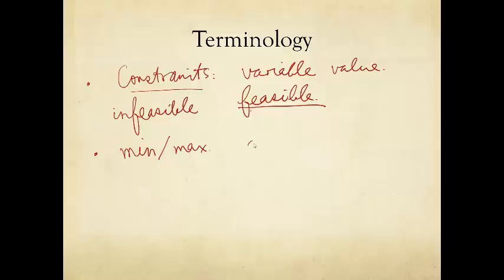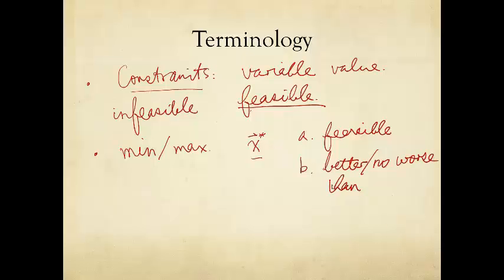Now, a particular solution, let's say a vector x with a star on top to denote that it is optimal, we call this vector an optimal solution if it is A, feasible, because otherwise it doesn't even satisfy all the constraints, and B, it is better, or more strictly speaking, no worse than any other feasible solutions.